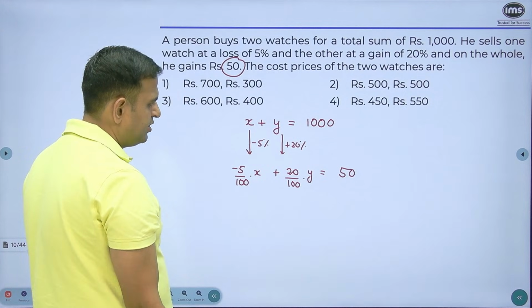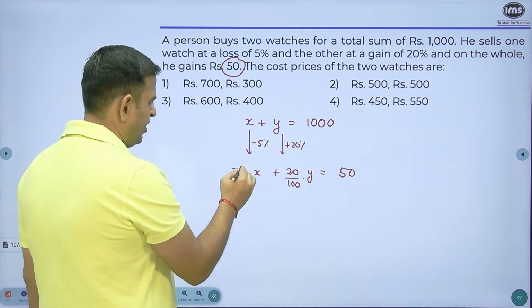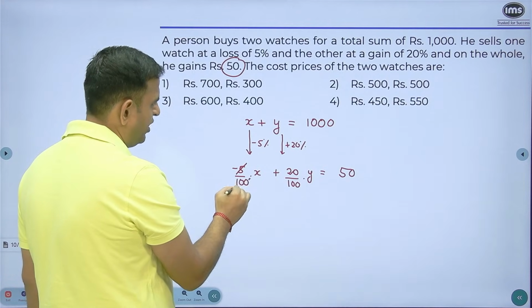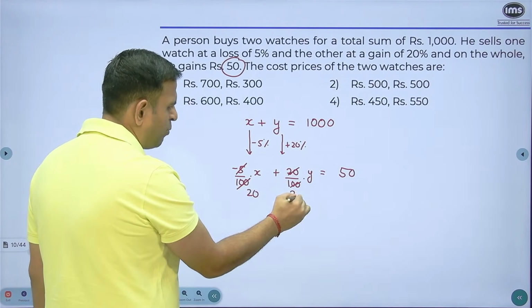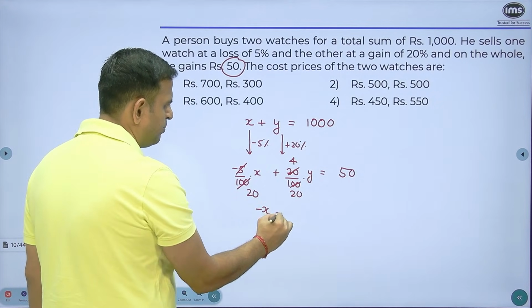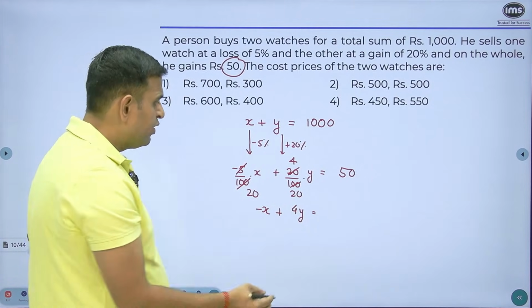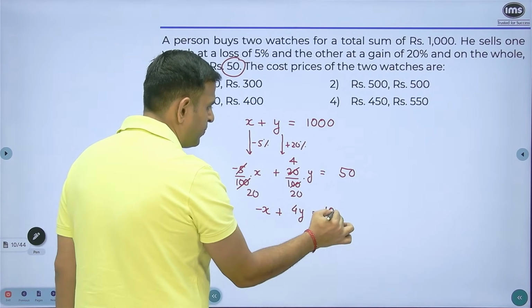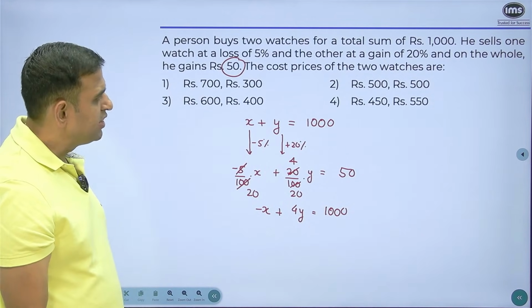If I simplify this result, if I cancel by 5, this is going to be 20. If I cancel by 5 again, keeping 20 as a common denominator, this will become 4. So I get minus x plus 4y equals 50 into 20, giving you 1000. So minus x plus 4y is 1000.